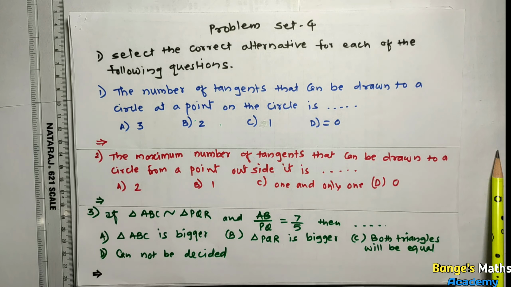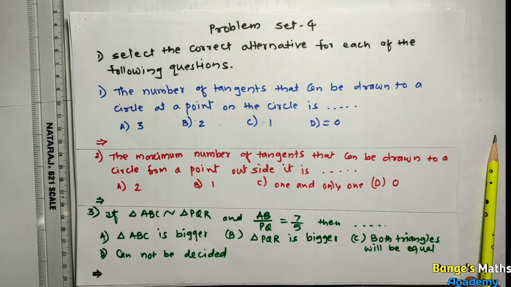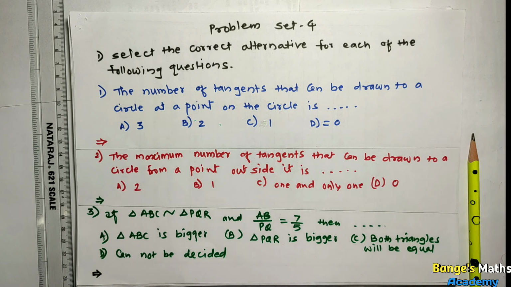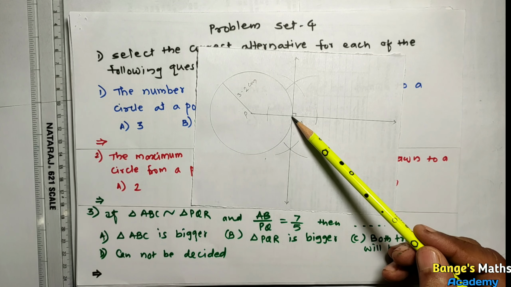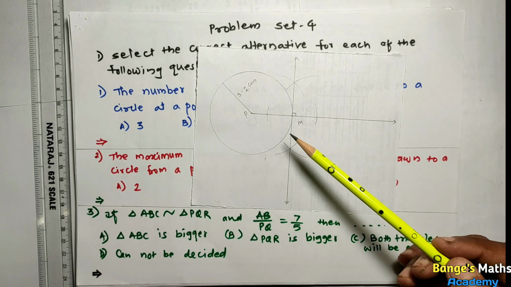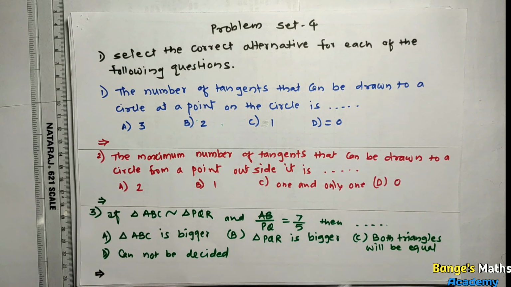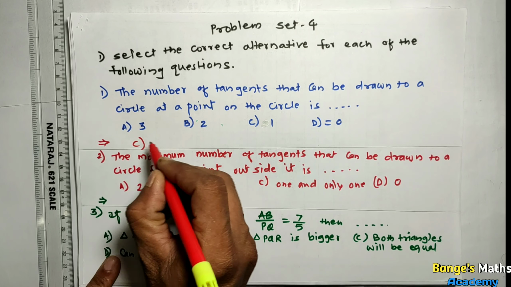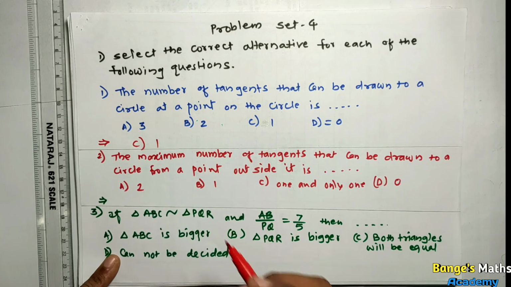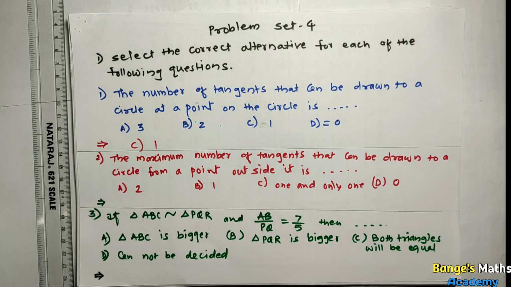We have to write down correct alternative. So for reference, see this figure. We can draw only one tangent at a point given on the circle. So answer is C, 1.